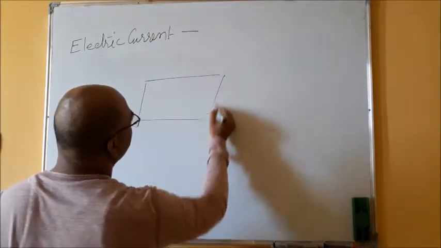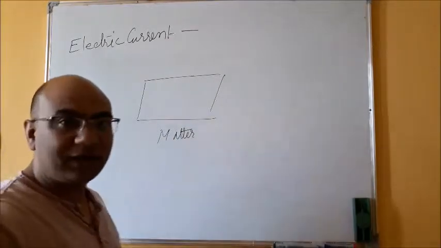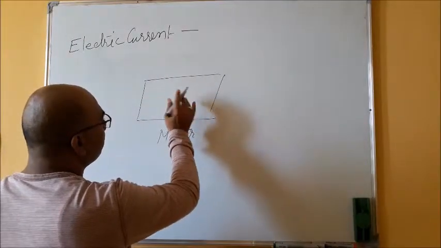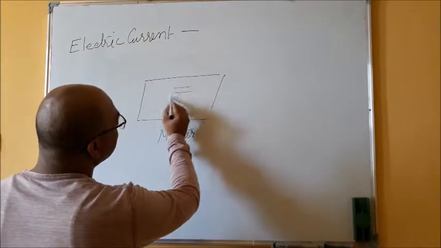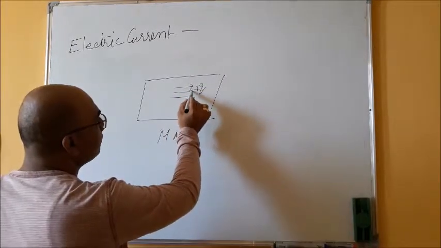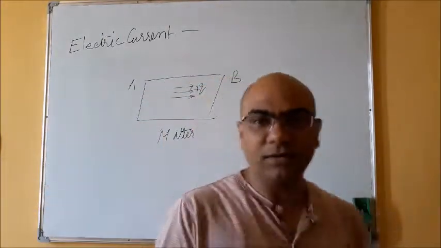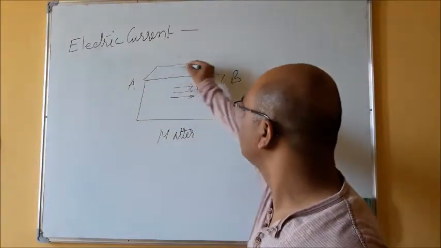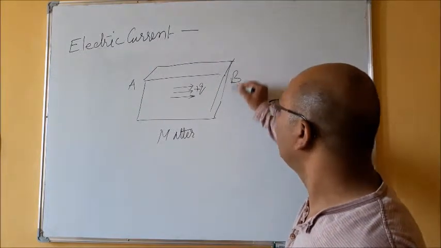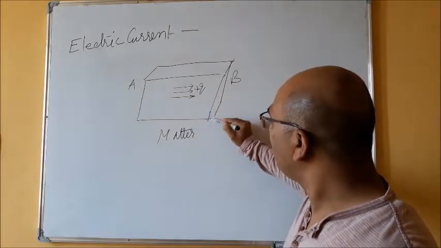Suppose in any body or any matter, say this matter, of any shape, let us say something like a cuboid shape, total plus q charge is going from surface A to surface B. So you see what will happen here.